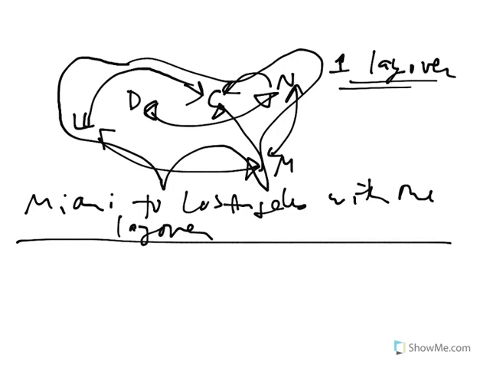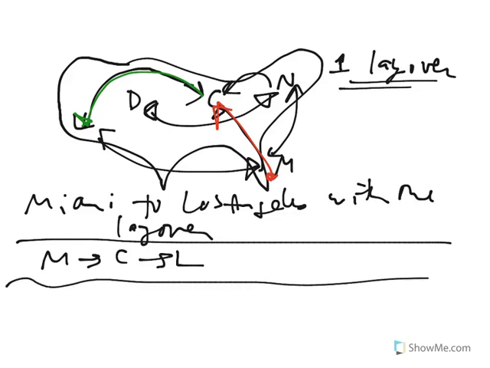So we look at our picture and we say, okay, well, there is a way to get from Miami to Chicago, and there's also a way to get from Chicago to Los Angeles. So I'll write Miami to Chicago to Los Angeles. I think that's the only way.